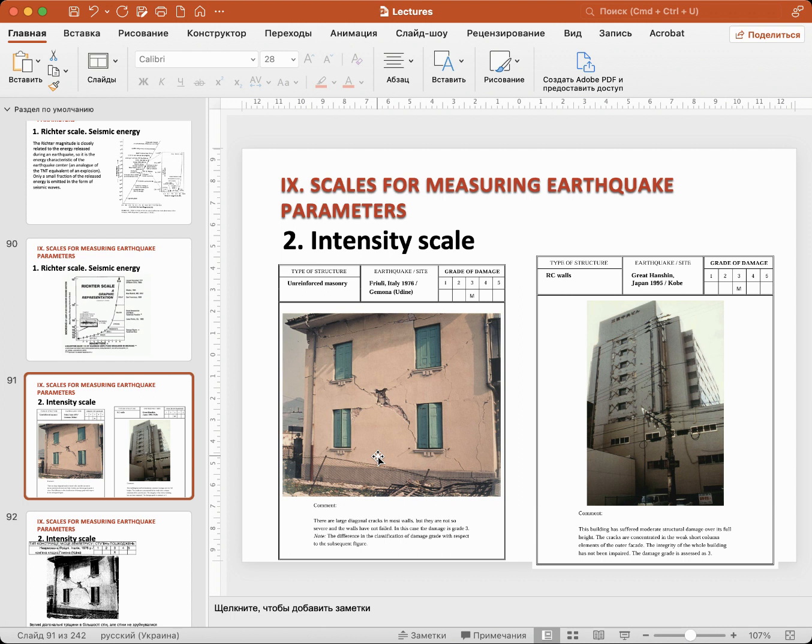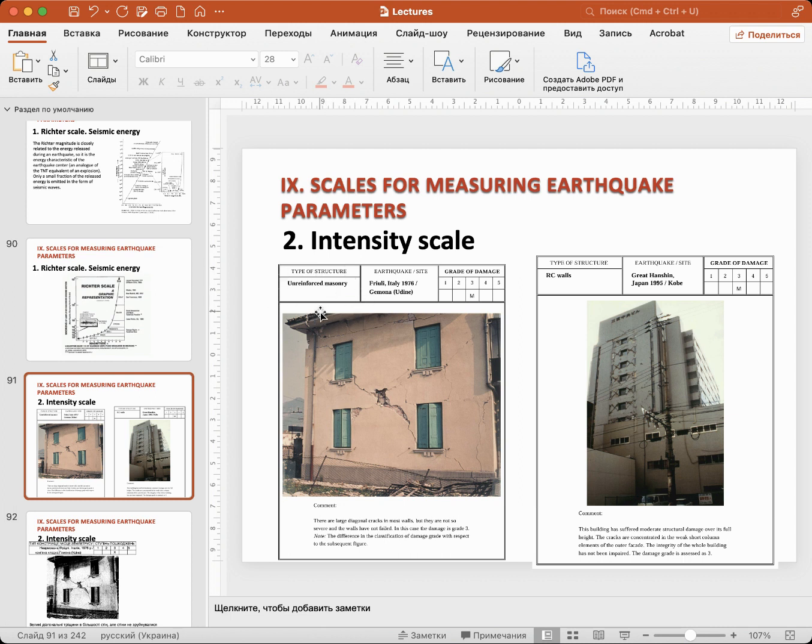That collection of forms is in the European Macroseismic Scale or in the Ukrainian scale. So, first of all, we define the structural scheme of the building.